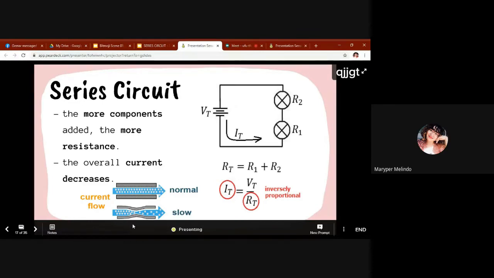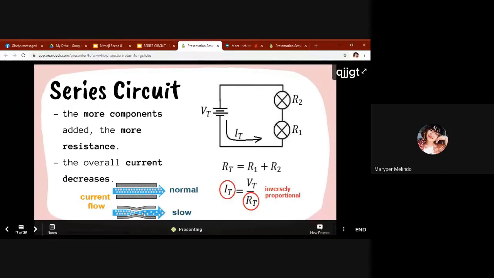Now, let us have this picture dito sa baba. So we have here the current flow. If it is in normal condition, you will observe na tuloy-tuloy lang yung pagdaloy ng kuryente. Walang pumipigil, walang humaharang. But in the second picture, you will observe here that the flow of current is disturbed. Why?